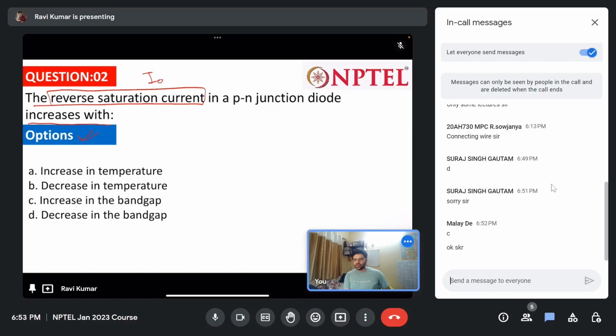I am telling you, it is a multiple select question type, MSQ, so there may be more than one answer. If you have done some experiment in class 12th, there was an experiment in which we needed to find the characteristics of different diodes. Based on that, you can do this question easily.